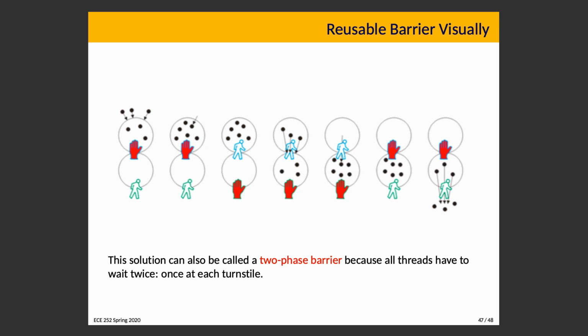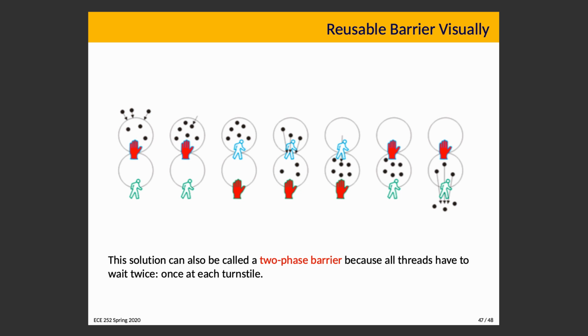The second image shows the last thread arriving. When the last thread arrives, it unlocks the first turnstile and locks the second one. And you'll notice in the third diagram, the symbols have changed. So the first barrier is now unlocked and the second one is locked. Then all of the threads proceed to the second stage.